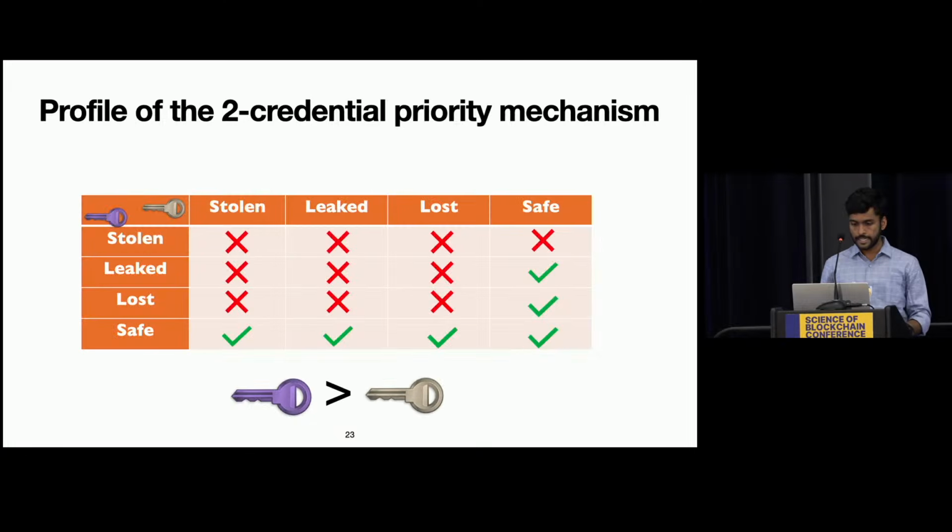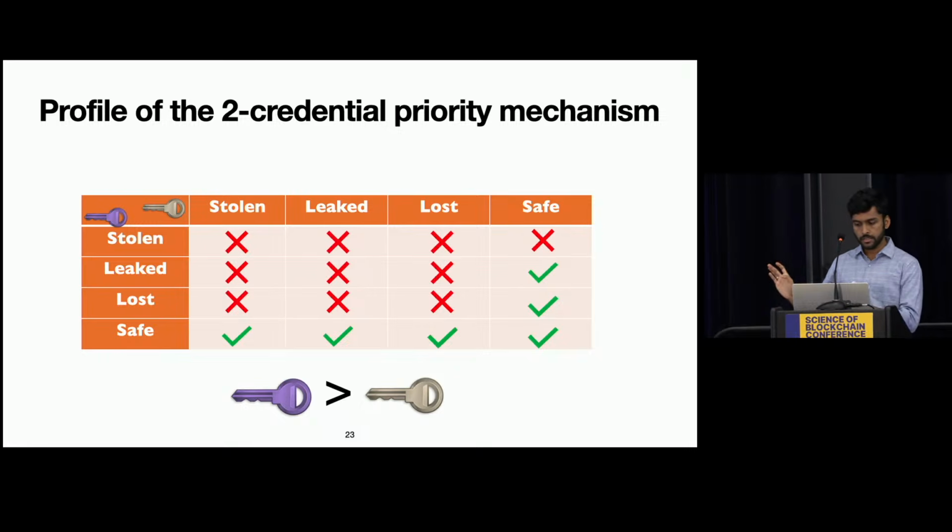It turns out that this simple priority mechanism has the following profile. Basically, in all the scenarios where the highest priority credential is safe, the user is going to win, because irrespective of what happens to the other credentials, the user is going to submit that and lead the mechanism to an action that they want.